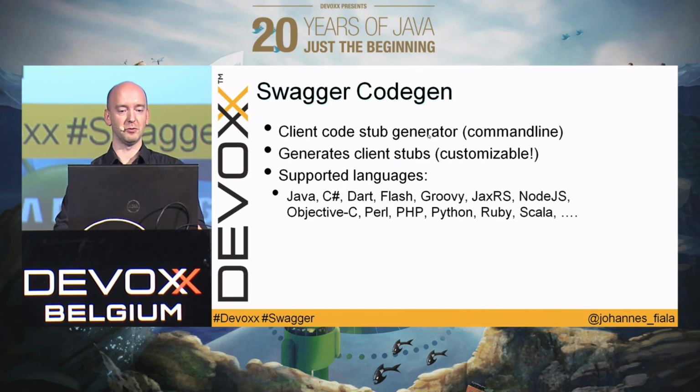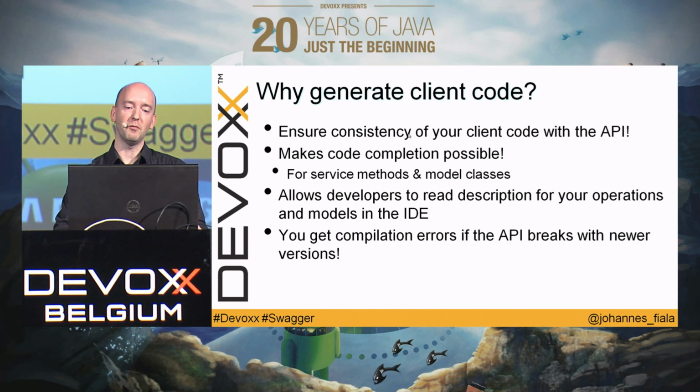So why should you generate client code? It ensures consistency of your client code with the API. So it makes sure the client code is valid with the API. And it makes code completion possible. So for the generated client code, you get full code completion, and you don't have to remember all the methods that you support or the model classes, and it makes using your API really easy.